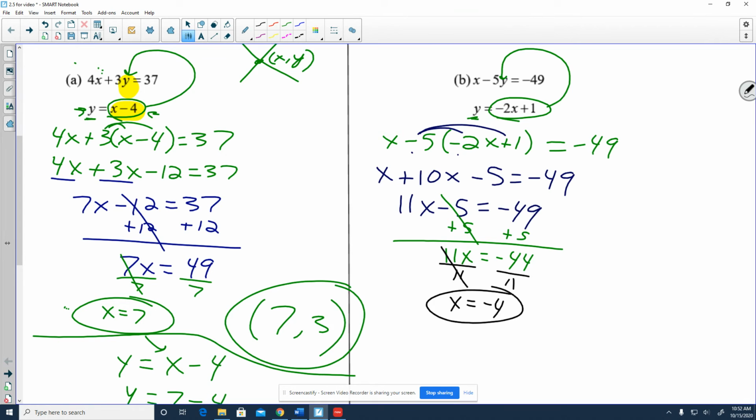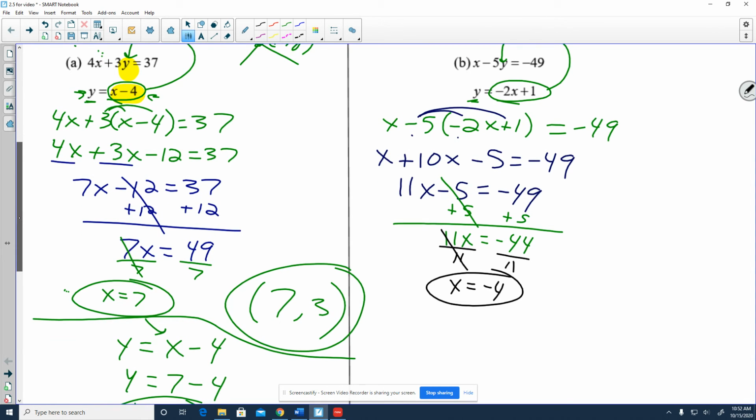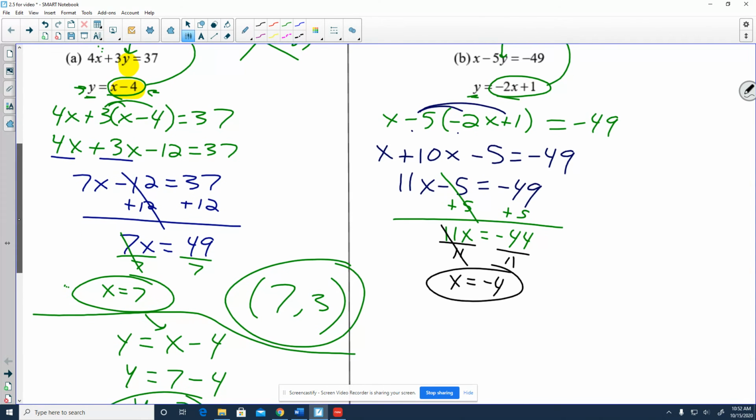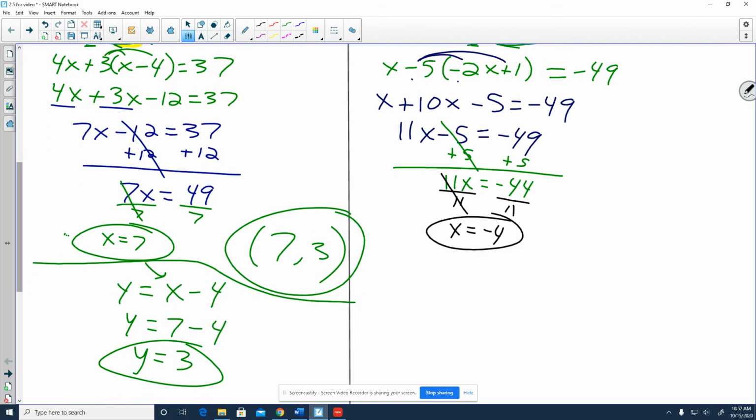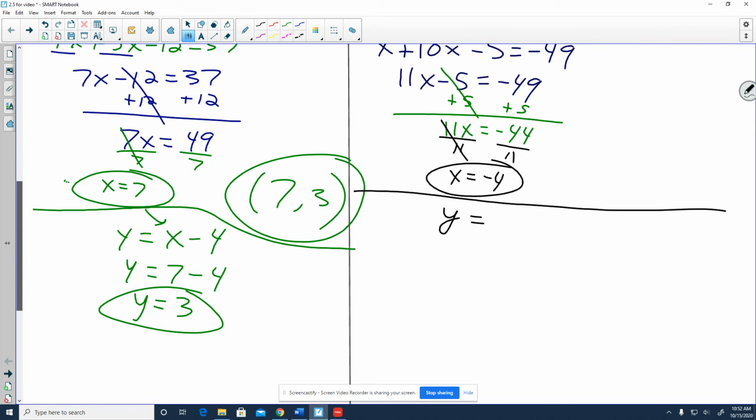Now, I'm not finished yet. Again, I need to take that x equals negative 4 and plug it in to one of these equations. So I'm going to take my y equals negative 2x plus 1. I'm going to take my negative 4 and I'm going to plug it in for x. So I have y equals negative 2 times negative 4 plus 1. Alright? Negative 2 times negative 4 is 8.